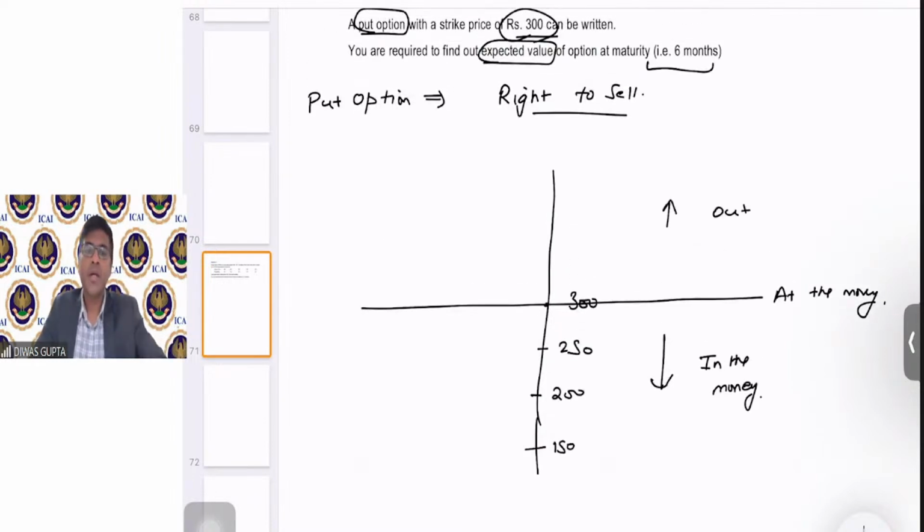If it is higher, it becomes out of the money. Okay, students, this is clear.